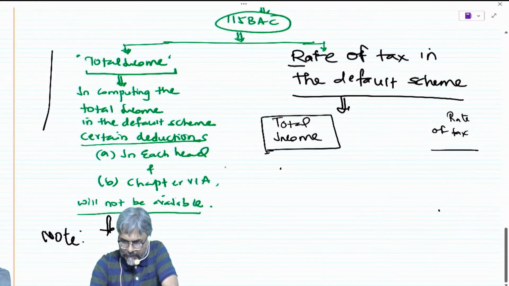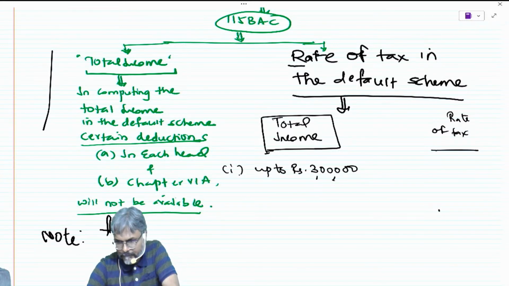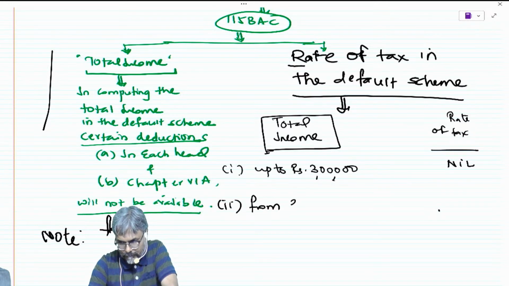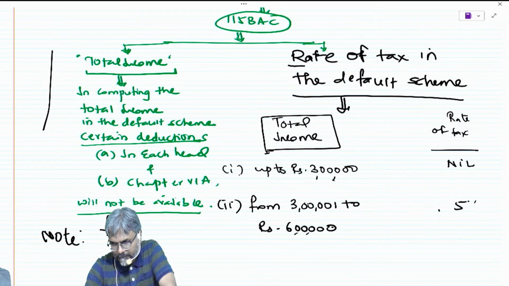Please write here, first one, total income up to rupees 3 lakhs. Quickly, the rate of tax is nil. Then from 3 lakhs 1 to rupees 6 lakhs, 5%.